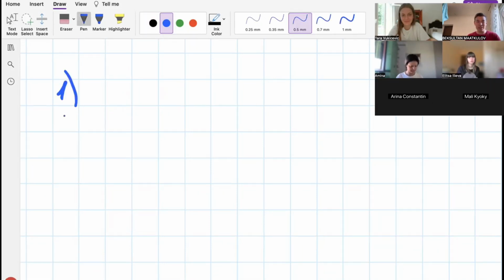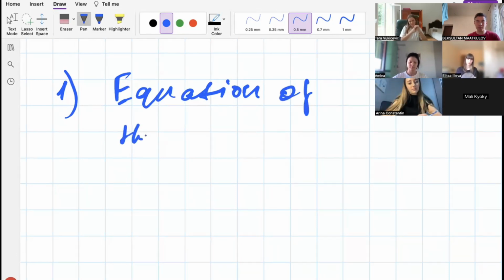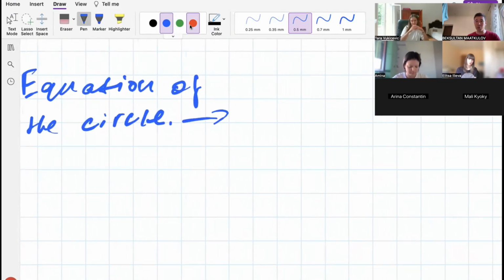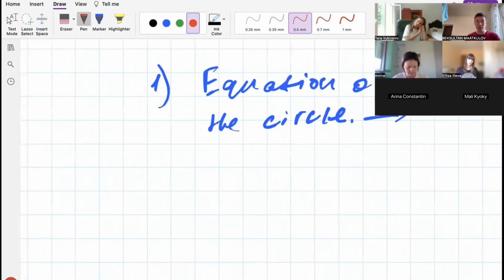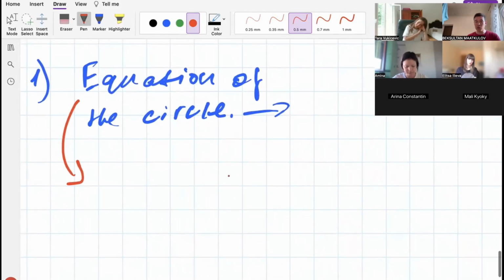So the first thing, let's study equation of the circle. Okay, we'll see the general form of equation of the circle. And then we'll see how to complete the square. Usually you have a square equation for x and a square equation for y, and sometimes you have to complete the square.